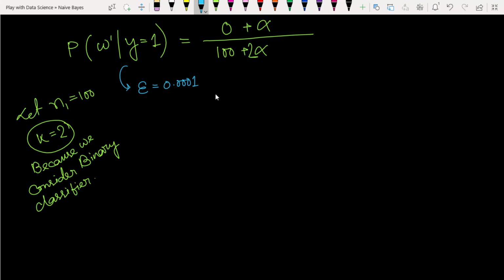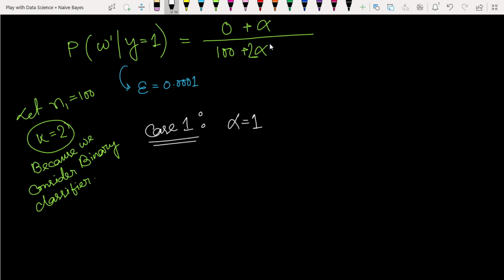We will discuss this case by case. Let's see case 1 first. In case 1, we take alpha equal to 1.